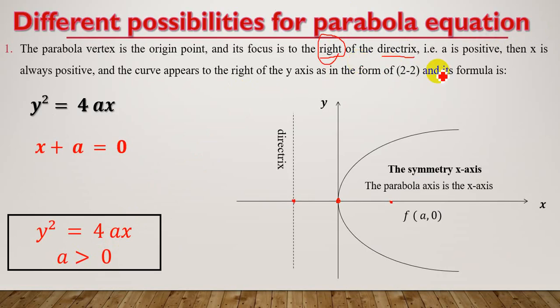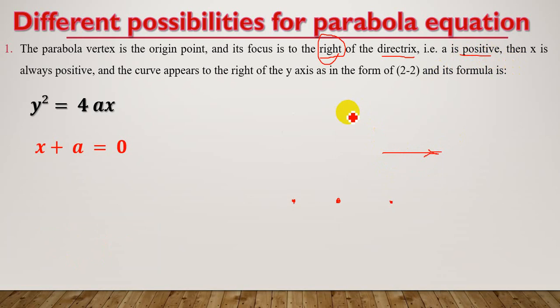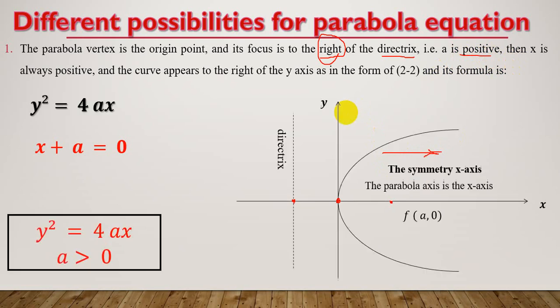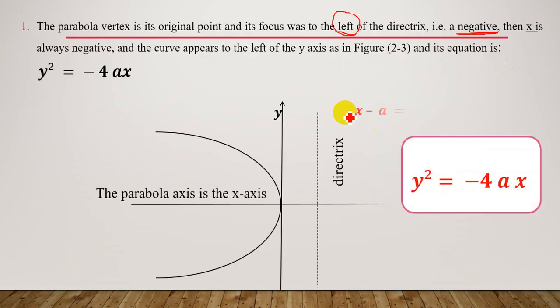The other one, it was positive x. That means we are going this direction. The other one is we are going in the opposite direction. So x minus a, because x is going negative and a is going positive on this side, so it will be y square but changing the negative because left side.